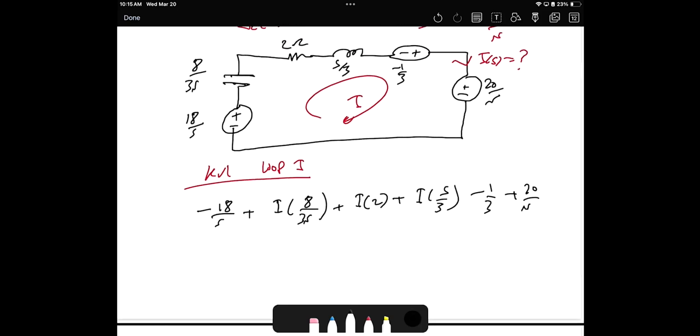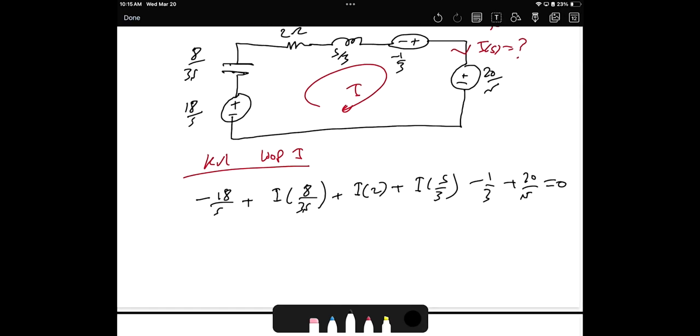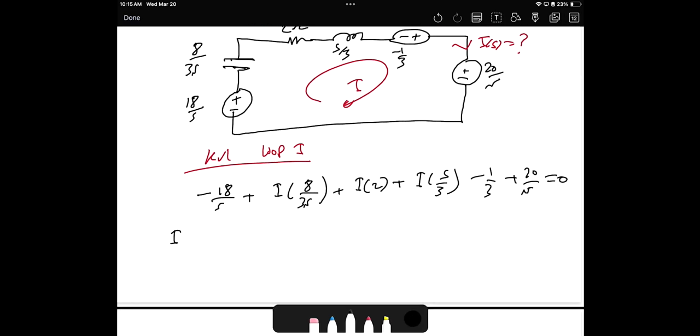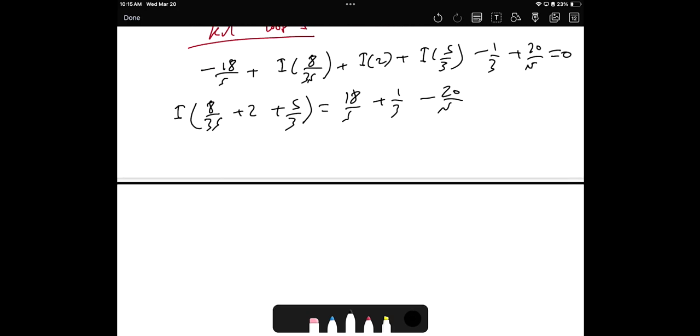Now, we need to calculate I. So let's isolate everything and put I on the other side. So basically, I can say it is I times (8 over 3s plus 2 plus s over 3) equals, moving it to the other side, 18 over s plus 1 over 3 minus 20 over s. Then we need to calculate I, so I will say that I of s equals, we can do actually simplification, 18 minus 20.